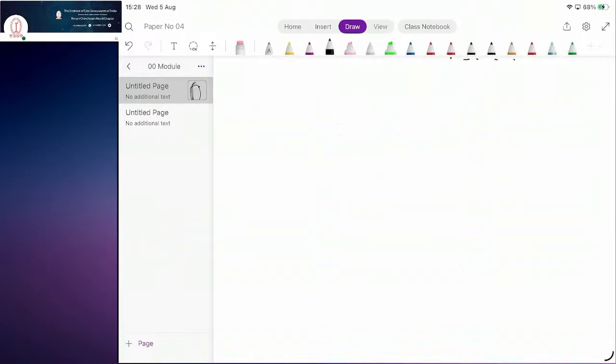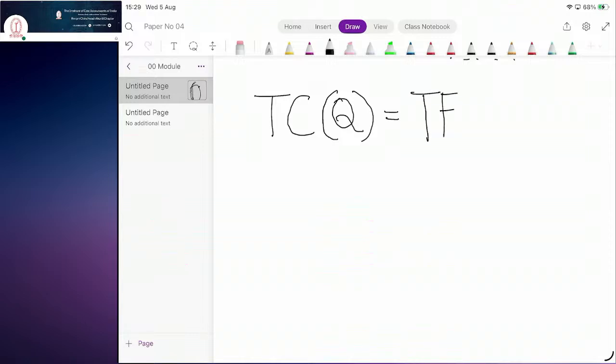Okay, let's write the simple equation. Total cost, and I'm writing now Q here, meaning total cost depends upon the output. Correct? Total cost is equal to the sum of total fixed cost and total variable cost.